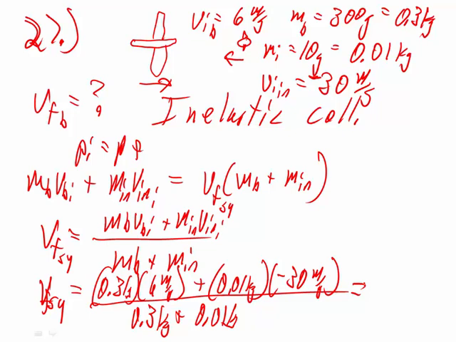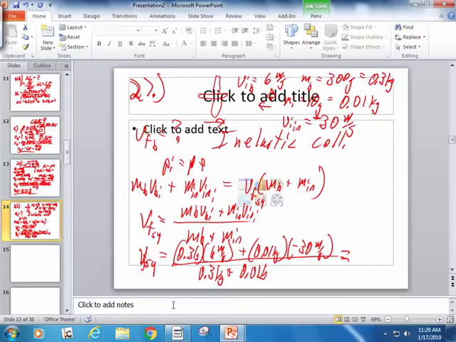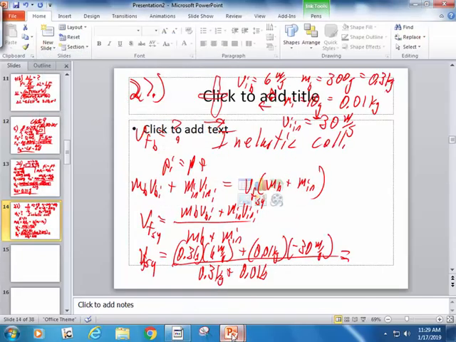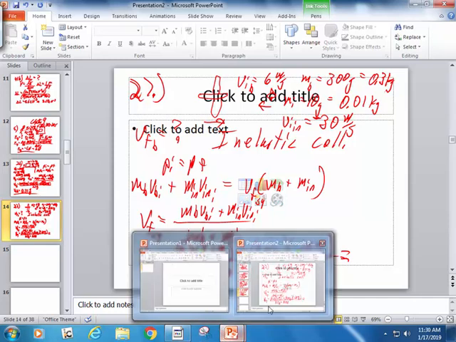And so what do we get for a final answer? This is a good inelastic calculation. Let's see. I'm going to pause it while I calculate, because I don't want to just kill time with you hearing me punch a calculator. So the answer to that then is what?